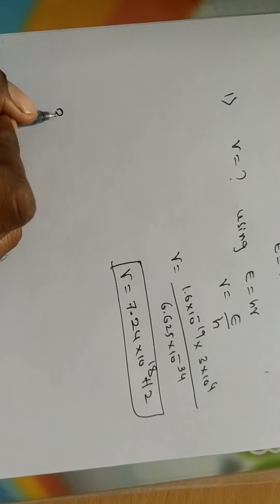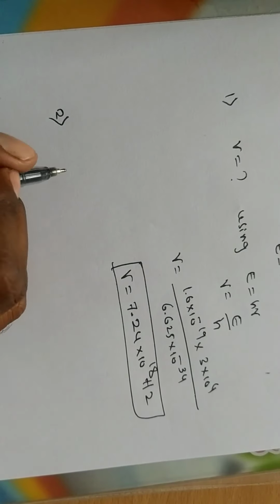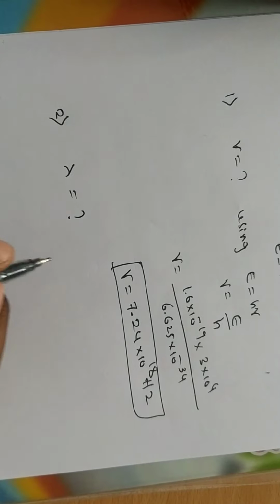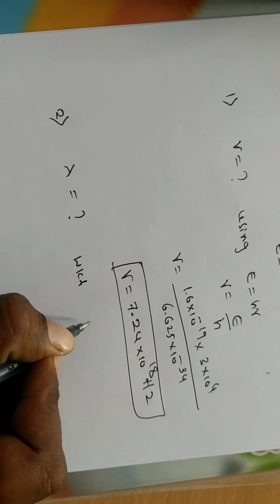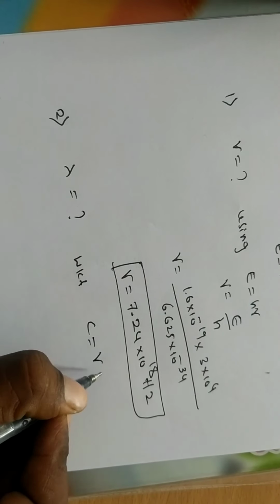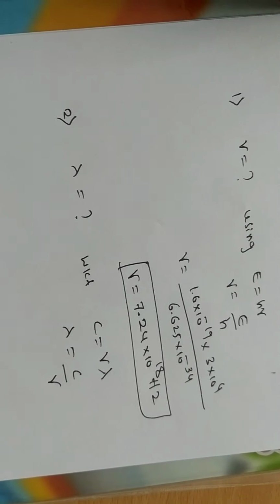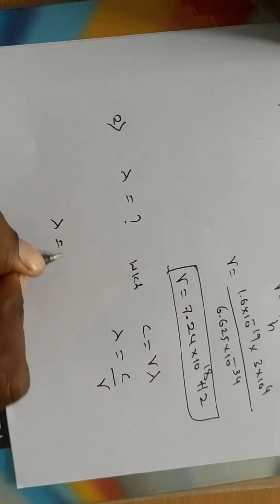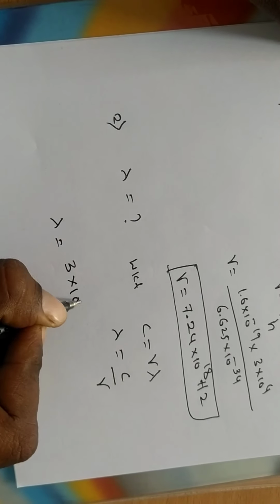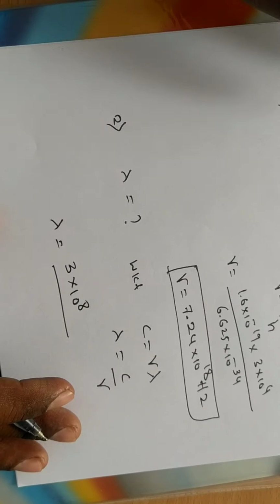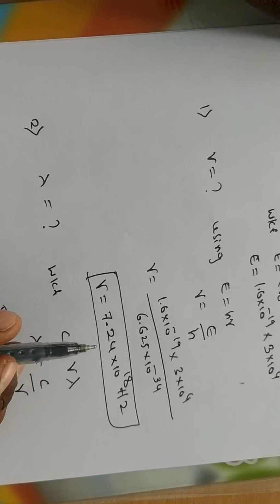Then second one, lambda is equal to question mark. It is the minimum wavelength. We know that the formula, C is equal to nu lambda. Lambda is equal to C divided by nu. Okay, lambda is equal to C value 3 into 10 to the power of 8 divided by nu value 7.24 into 10 to the power of 18.